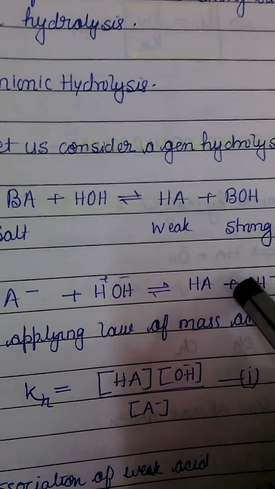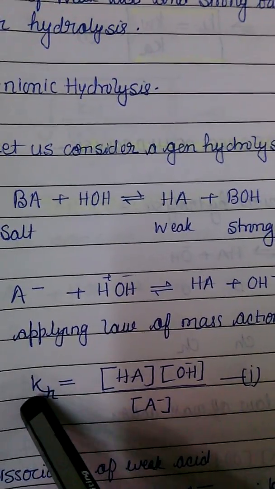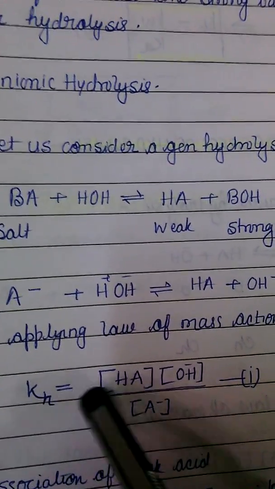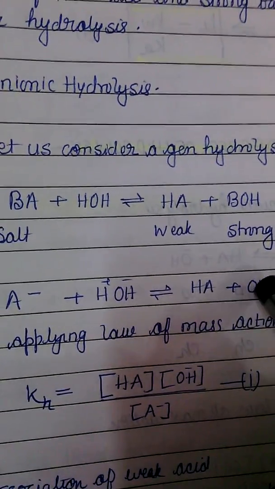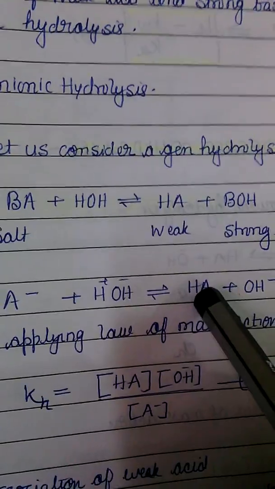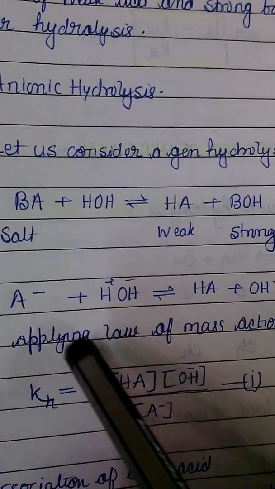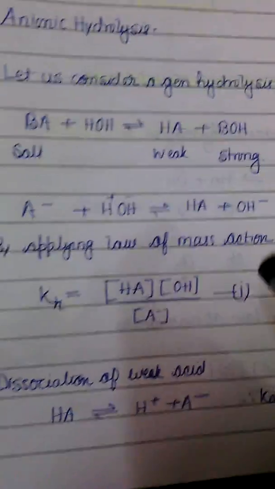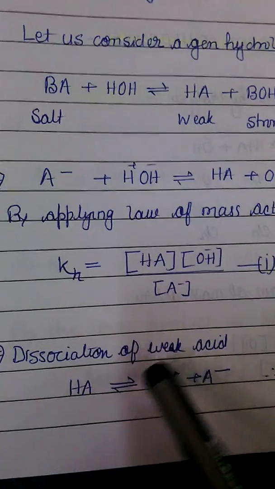Applying law of mass action in the equation, we can get the value of hydrolysis constant Kh, which is equal to the product of concentration of HA and OH- ion divided by concentration of A- ion. Now let us consider dissociation of weak acid.